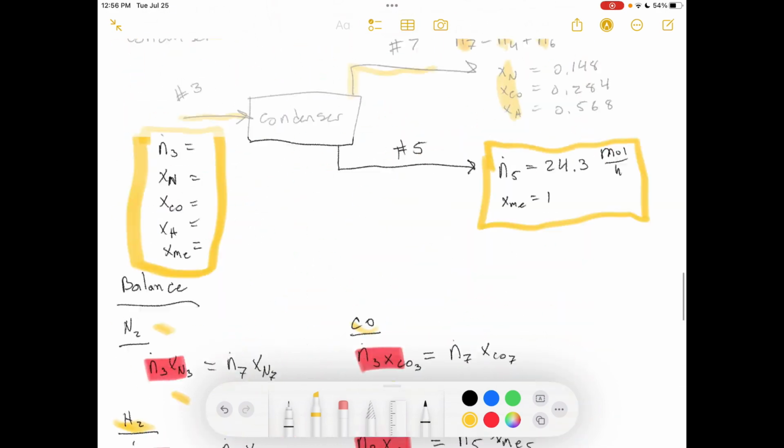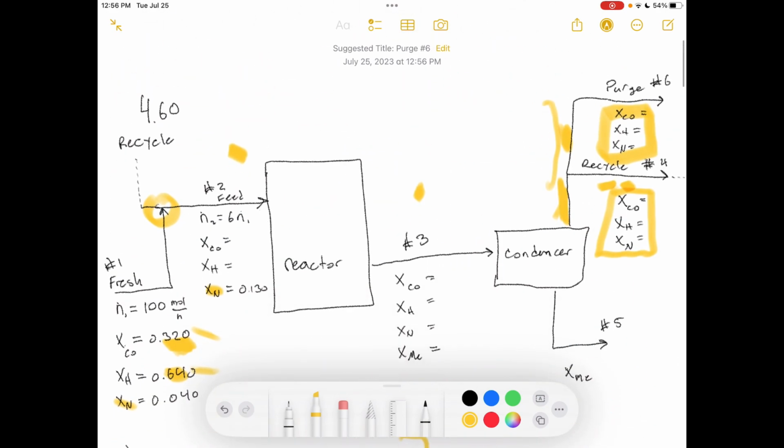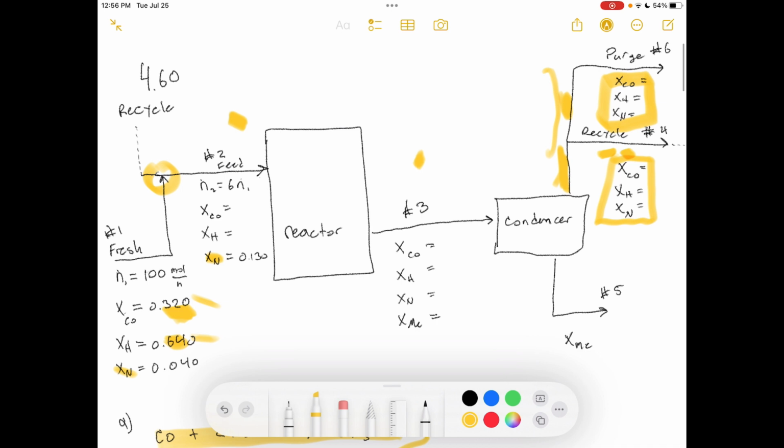Let's go back and look at our process, right? Let's say we continue to just recycle everything back into the reactor. Everything goes back to the reactor. Well, what happens with this product? When does it leave? The carbon and the hydrogen will leave in this stream, but there's no nitrogen in this stream, right? So nitrogen needs a way to go out.